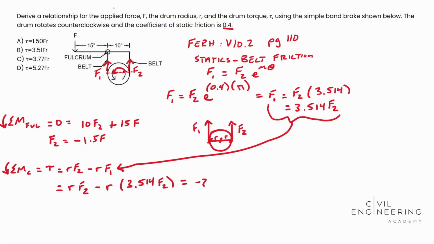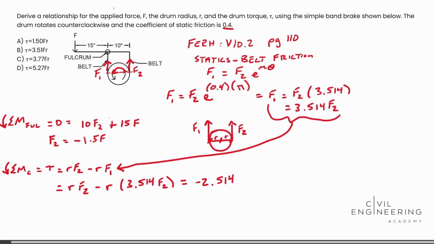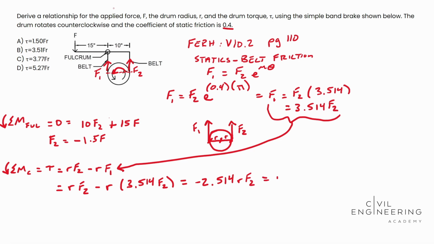It looks like negative 2.514, that's RF2. Keep in mind that's our tau, right? So something else here, well, that's not really our answer, right? We need to plug in what we established to be F2.